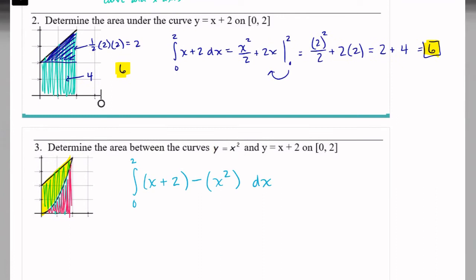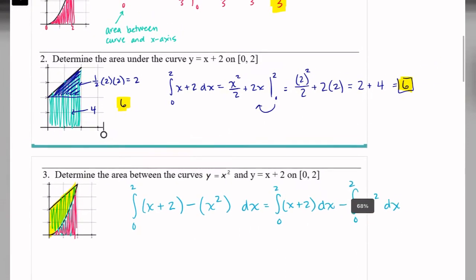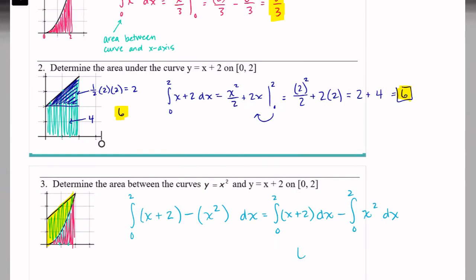Now, in this problem specifically, those parentheses aren't necessarily important. Using our properties of integrals, I know that I could break this down into that integral minus that integral. And the reason I did that here is because we have actually already figured that out.